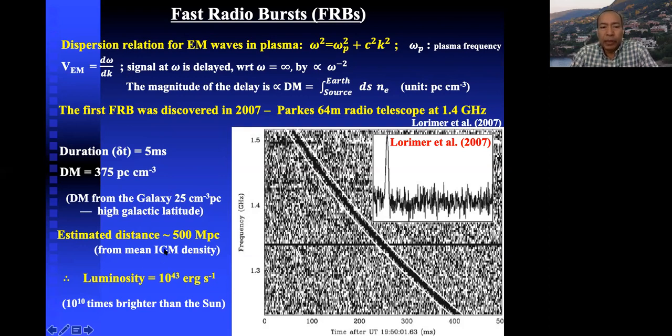From the mean intergalactic medium density, it was inferred that the distance to this particular object is 500 million parsecs. That's about a giga light year. The luminosity of this object was 10 to the power 43 ergs per second. That's 10 billion times brighter than the sun, and this is in the radio band. So clearly a very spectacular outburst.